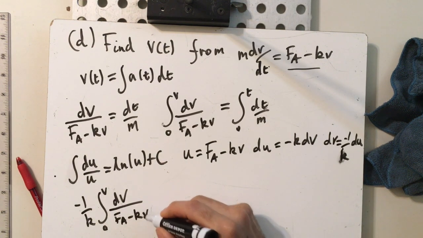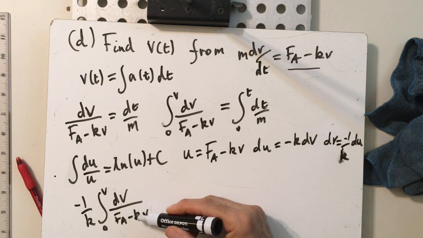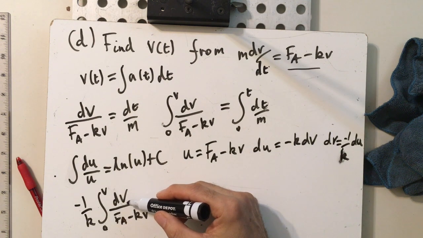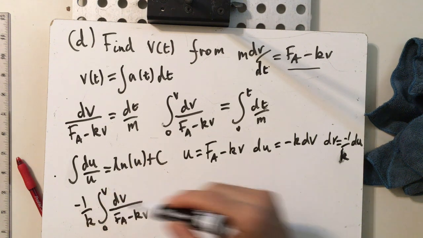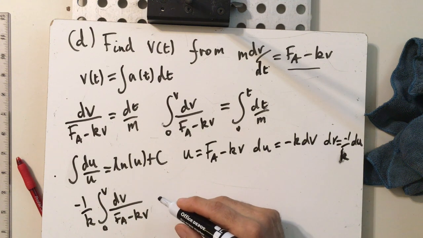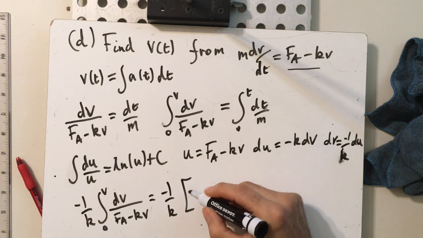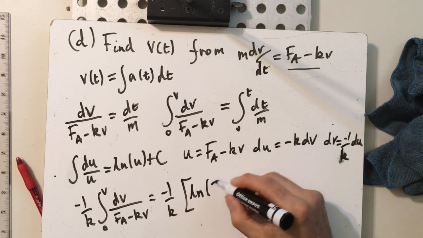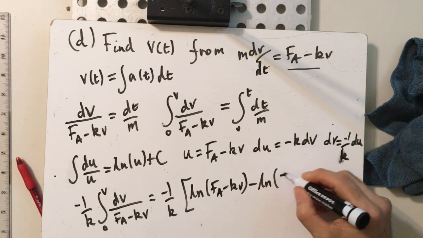So now I'm ready to integrate. I know that I've got the correct function and differential. I've got a constant here, so everything matches up, and I'm going to just run through the integral really quickly. So this will be ln u, so that means that this will equal negative 1 over k, ln of F_A minus kv minus ln of F_A.